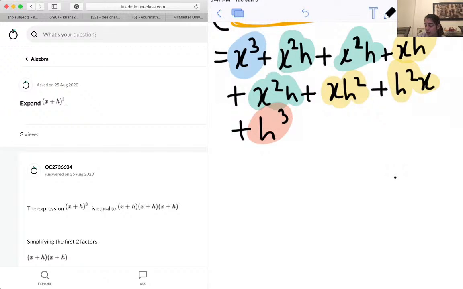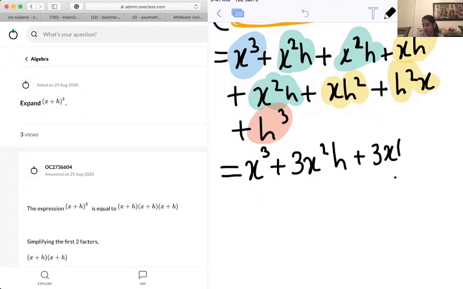And finally, just write it all down, kind of like summarize them. So x cubed plus 3x squared h plus 3xh squared plus h cubed. That is our final answer for this question.